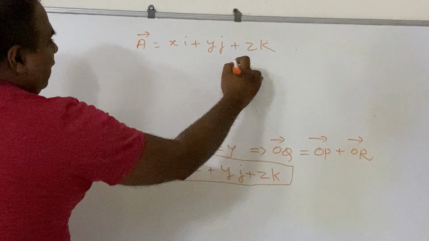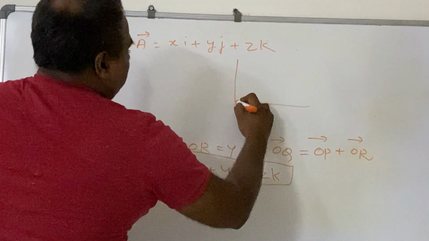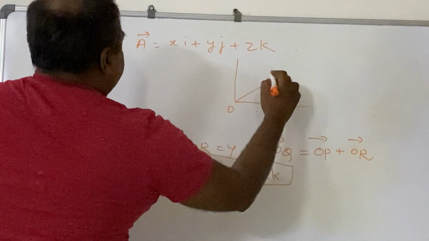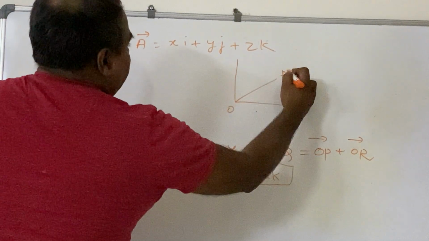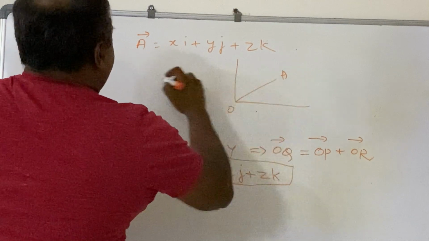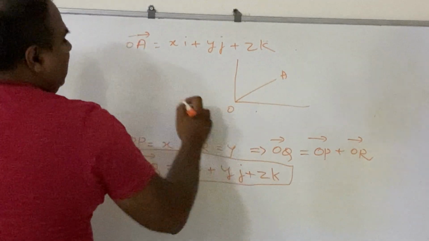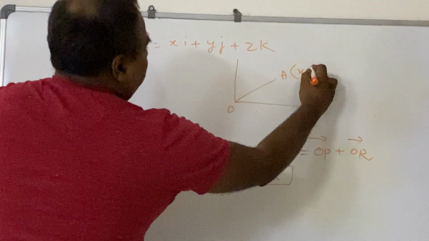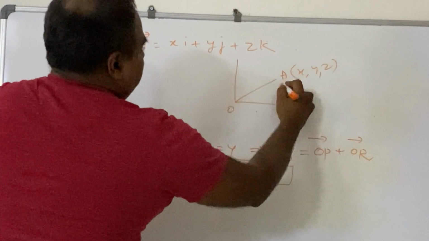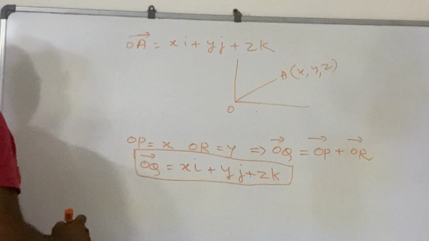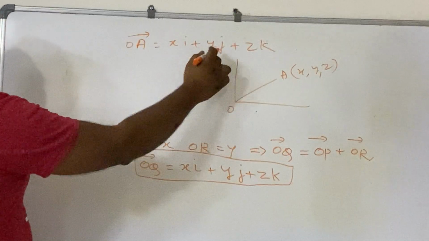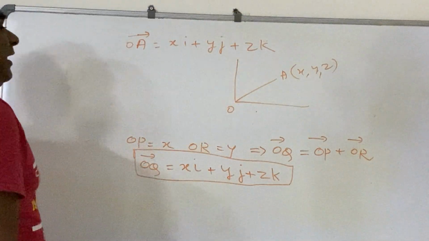So the figure will be like this. This is the origin, this is the point A, and this is vector OA. The coordinate of A is x, y, z. Then OA is xi plus yj plus zk.